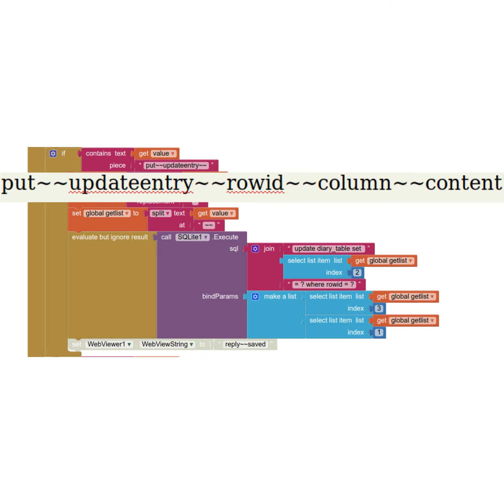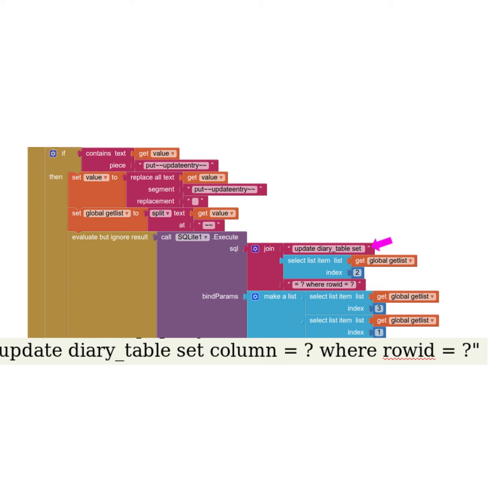When we update an entry, the web viewer will send a single value at a time: put ~~ update entry ~~ row ID ~~ column ~~ content. The diary entry that is being updated is identified by the row ID and by the column.